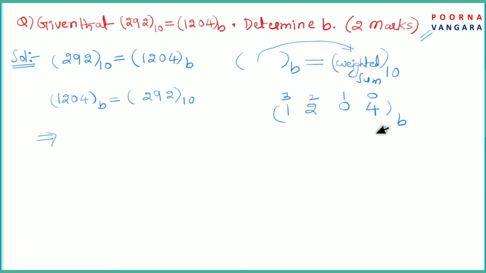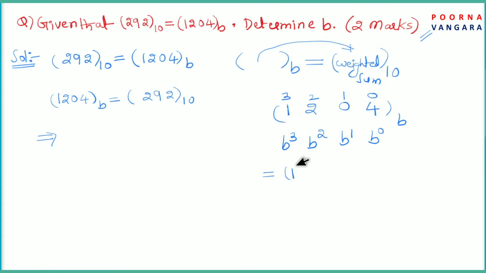Then you need to write the corresponding weight of this position, that is B power 0, B power 1, B power 2, B power 3. The digit position value you need to write in the power, the base is B. Now the weighted sum representation is nothing but, you need to consider the digit value and the digit weight and multiply these two.